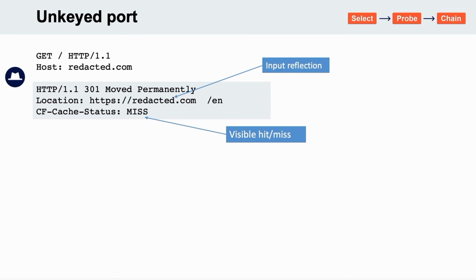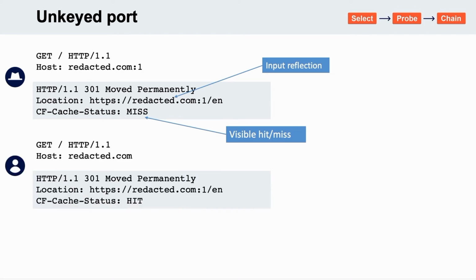What we're going to do is ask the question, is the port in the host header included in the cache key? So we're going to send a port of 1. We see it get reflected back to us, and then we're going to replay that request byte for byte identical, but without the port specification. And sure enough, as you can see, we have a cache hit. So that tells us the port is not included in the cache key.